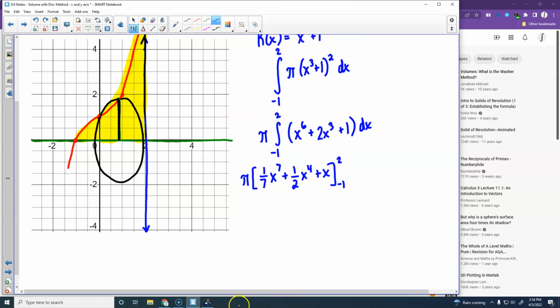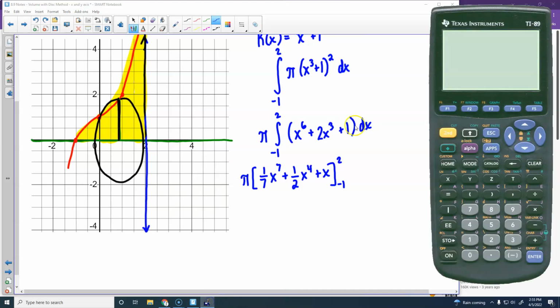And I don't think they would ask you to do this without a calculator. So I'm going to let us cheat and just type it into the calculator. Oh, let me do this a piece at a time.